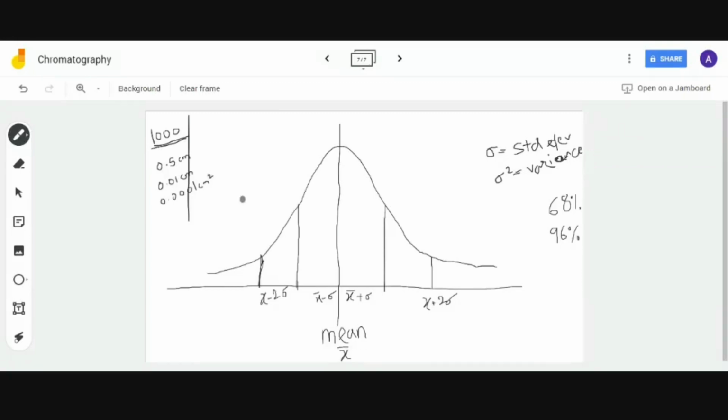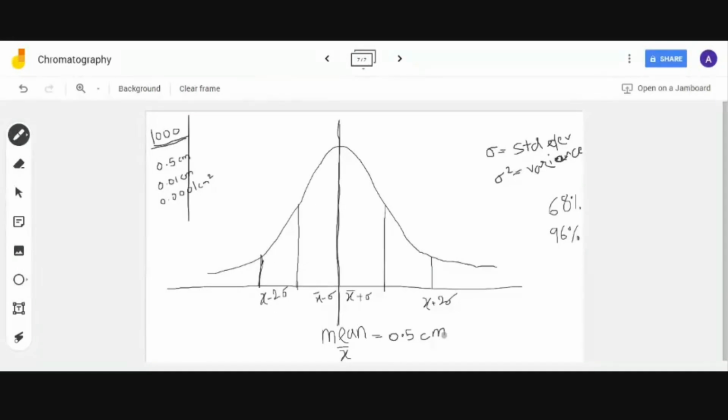Sigma square is the variance. So for that particular determination, this is the mean value, x bar, which is 0.5 centimeter.